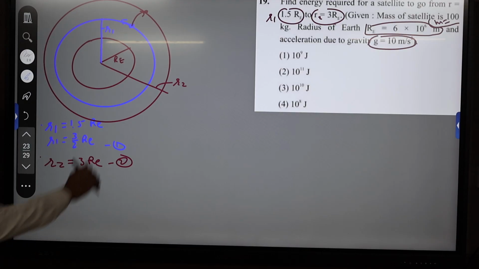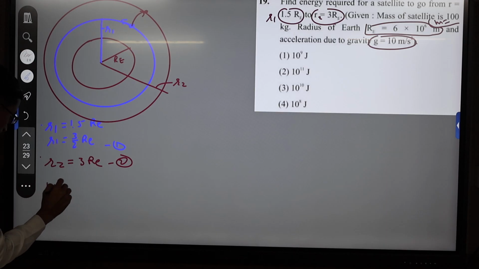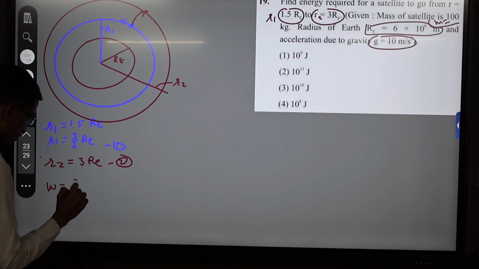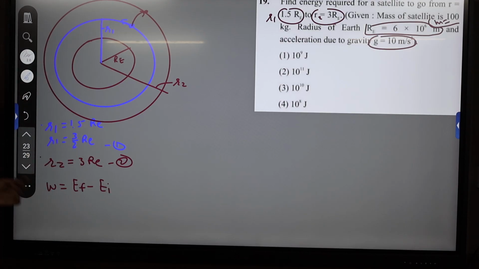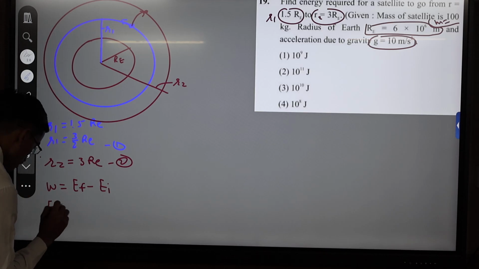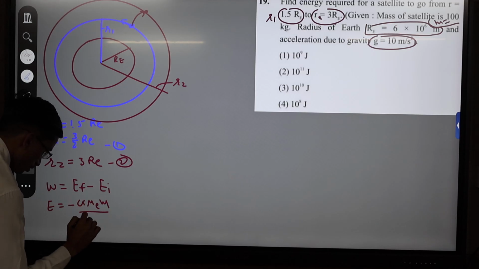The work done to move this satellite from this orbit to this orbit is W equal to final total energy minus initial total energy. It is the change in energy of the satellite, and the same magnitude of work we have to do. Here E final and E initial are the total energy of the satellite. The total energy is considered as minus GMm upon 2R.